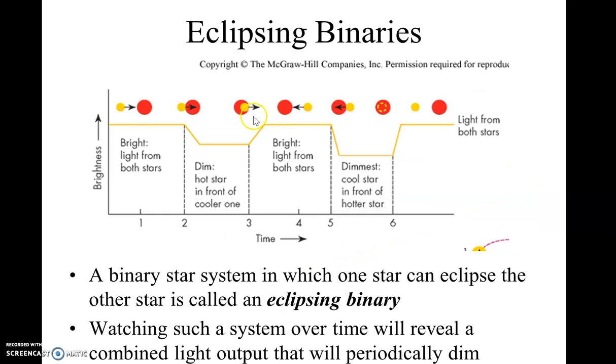But it's a rare situation where two stars, from our vantage point, are exactly lined up like this. It would be nice if all binary stars did this, but not all of them do, certainly.